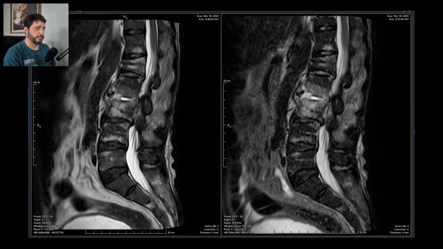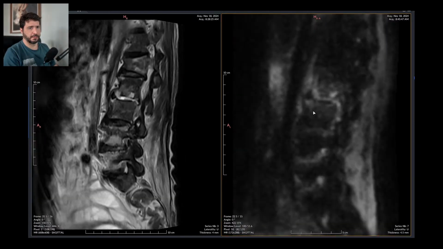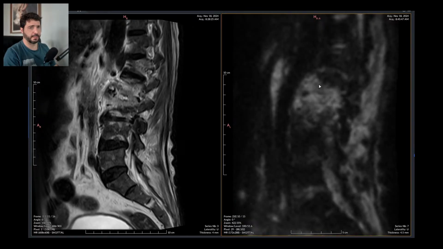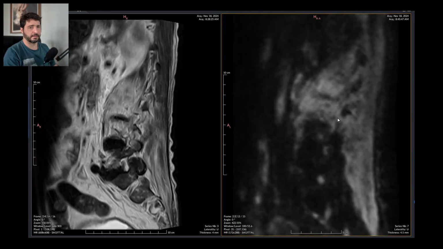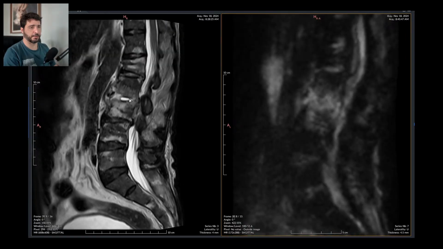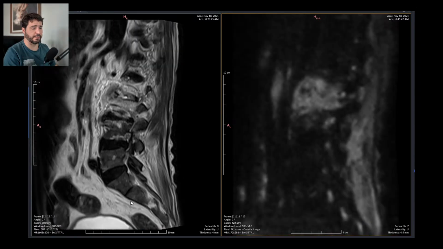And in a diffusion weighted sequence like this, there was supposed to be a very well defined line that would tell us it's just degenerative, but since the diffusion weighted artifact, the restricted diffusion, is diffuse, irregular and really thick, it's much more probable that this is indeed infection, which is a very common disease in such immunocompromised patients.